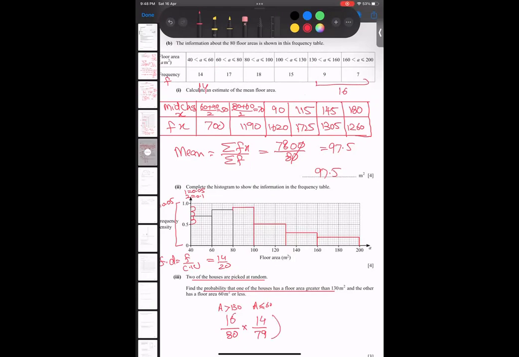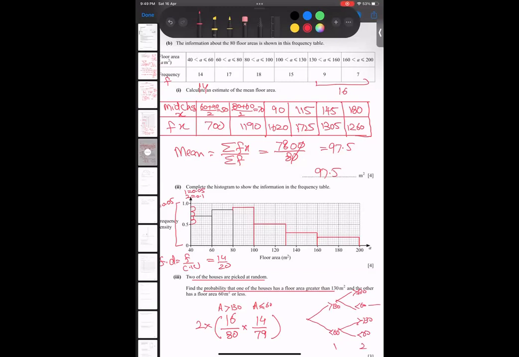Okay, and times 2. Why times 2? Because the plan is so simple. Whenever we have to do this kind of question, we have to multiply by 2, because we have two branches: bigger than 130, less than 60, and house number 1 and house number 2.